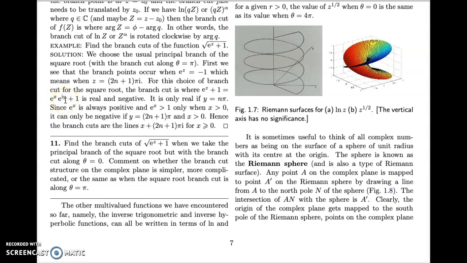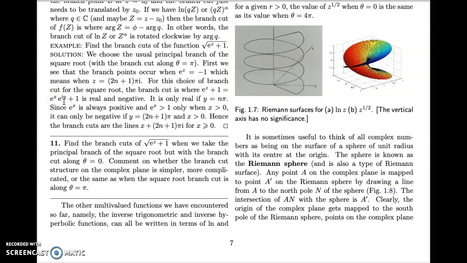When is e to the iy real? That's when y is n pi. Then e to the i n pi, where n is even, is 1, and when n is odd, it's minus 1. So that's the only possibility for it to be real.